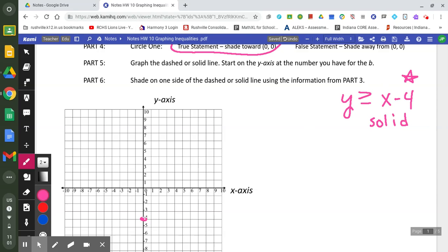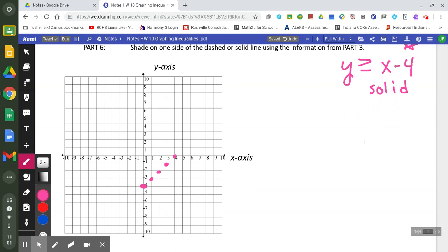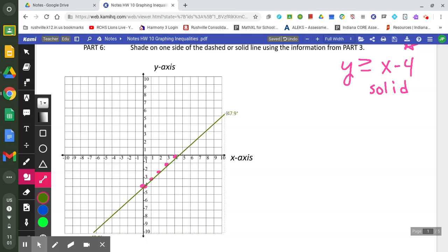So I go from that point up 1 over 1, up 1 over 1, up 1 over 1. And then I'm going to connect those points with a solid line. So let me get to the line. And there is my line with arrows on both ends.